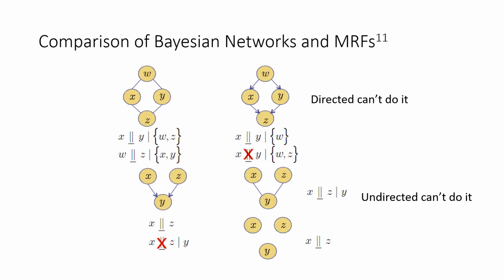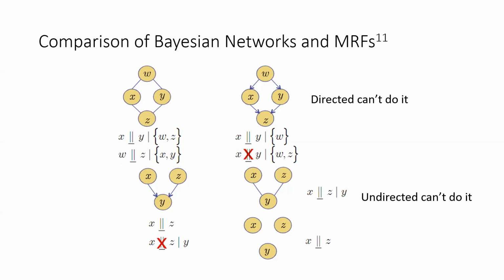So x, in our case here on the left, has two neighbors, y and z, and there is also an additional node w. So we know that x is independent of w given y and z.